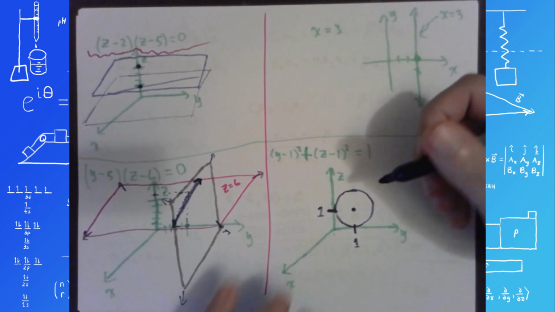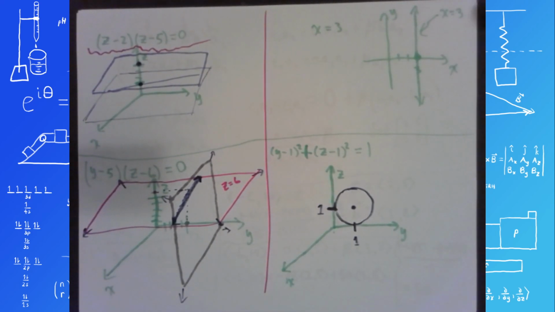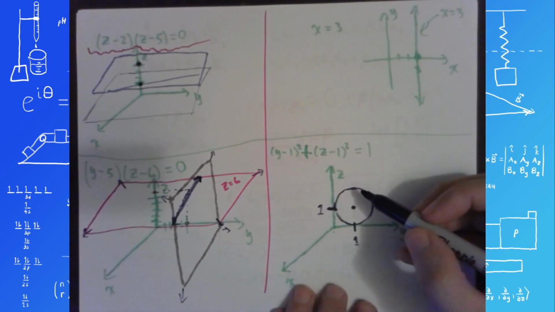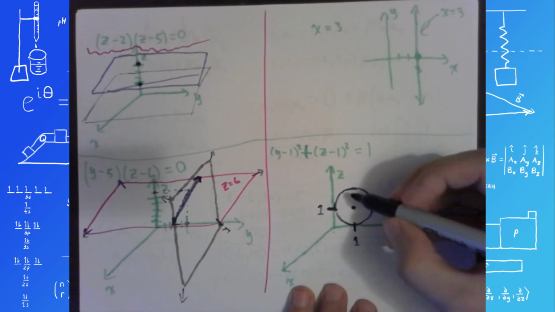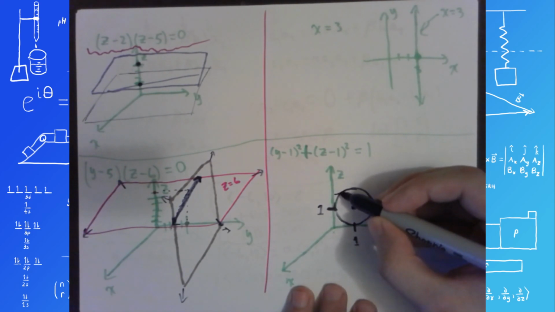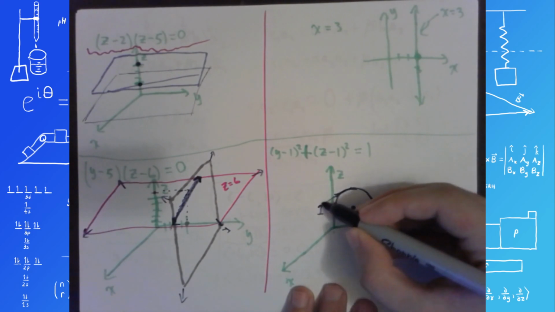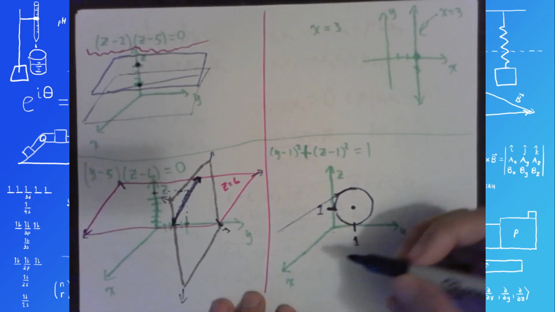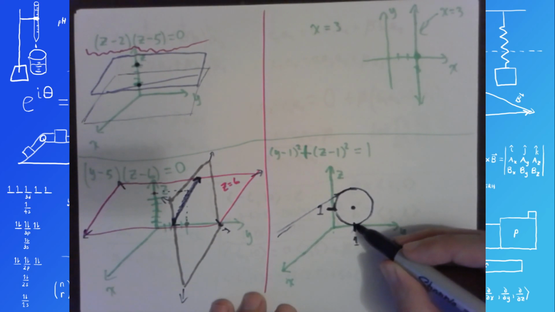So in the YZ plane we see a circle, but what about X? X can be anything, so this is actually an infinite stack of circles that goes, let's see, I want to try and make them parallel to the x-axis as best as I can.